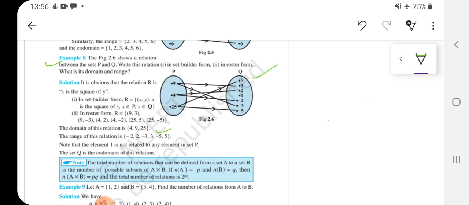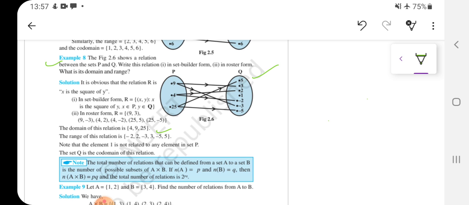Next, what about range? Range means a subset of the second set, that means a subset of codomain in which all the elements will be there which are linked from the second set, right? These elements which are linked from the second set, that will come in the range. So now from the second set Q, which elements are linked?